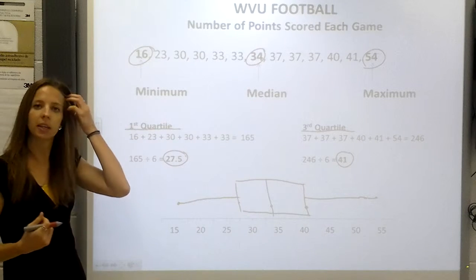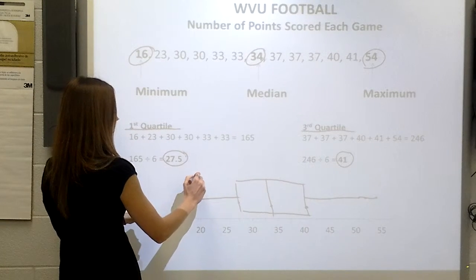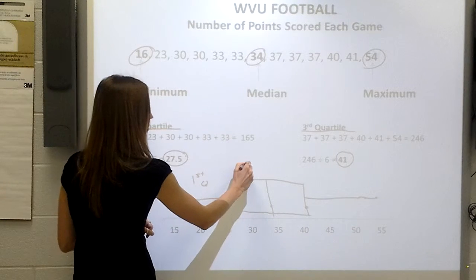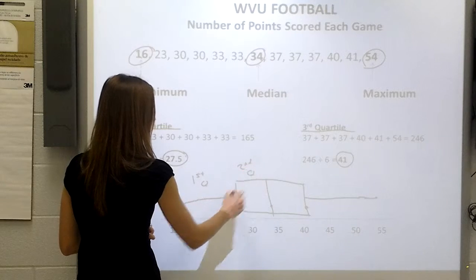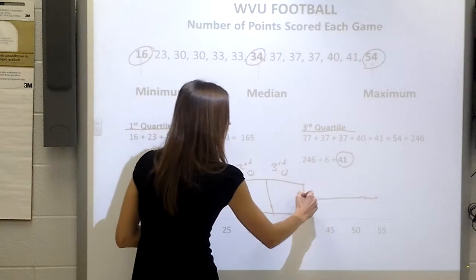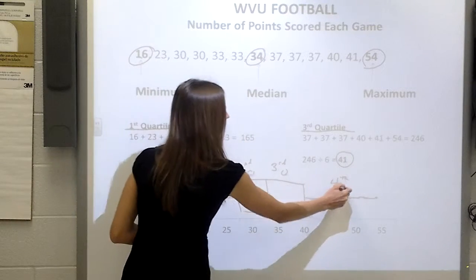And what we basically can see from this is this right here would be your first quartile. This is your second quartile, your third quartile, and then from here to here is your fourth quartile.